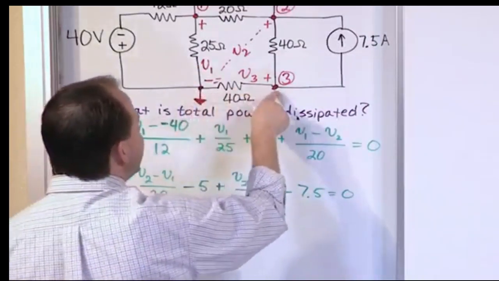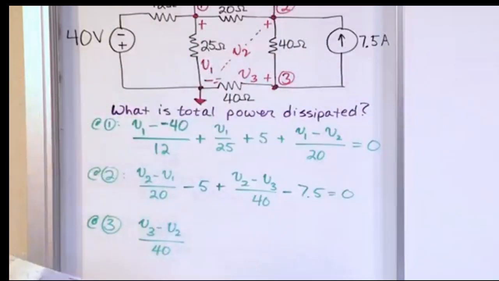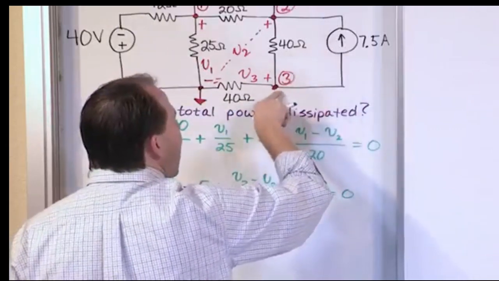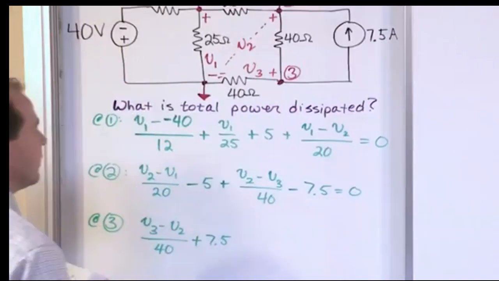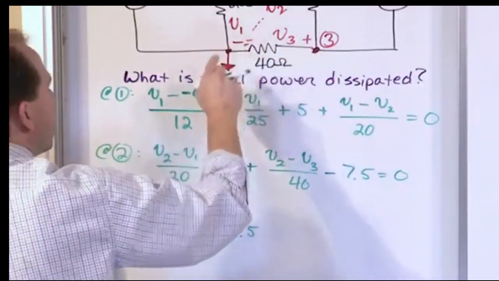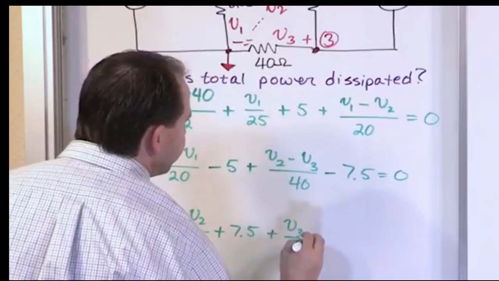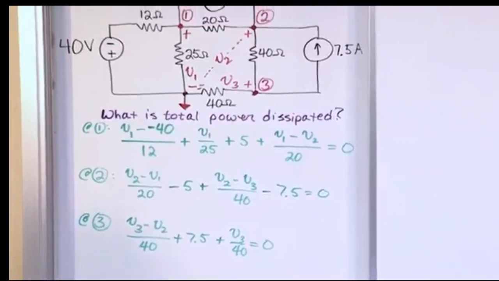Remember, you always pop up to your node, subtract another node from it, and then divide by R, so V over R. Next, we have 7.5 amps going out of this node. And then finally, we have the current through here, which is simply V over R, V3 over 40. So this, again, has one less term because it's a simpler node. So these are the 3 node voltage equations.